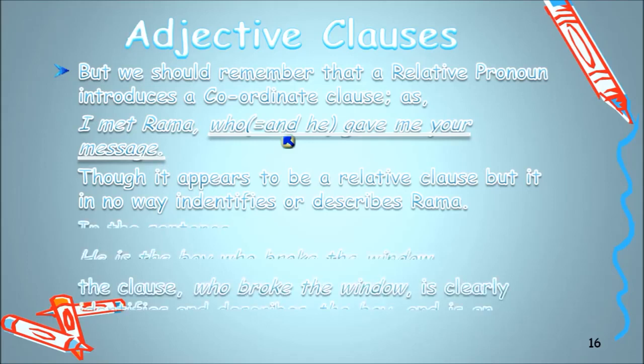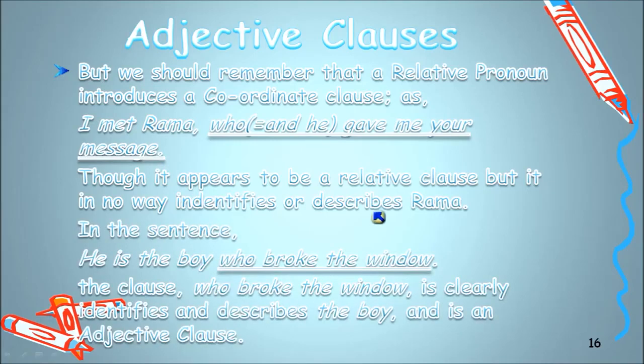So we have said that this is not an adjective clause, rather this is a coordinate clause, and it's a compound sentence. Now "He is the boy who broke the window." The clause "who broke the window" is clearly identified, and it describes the boy and is an adjective clause.